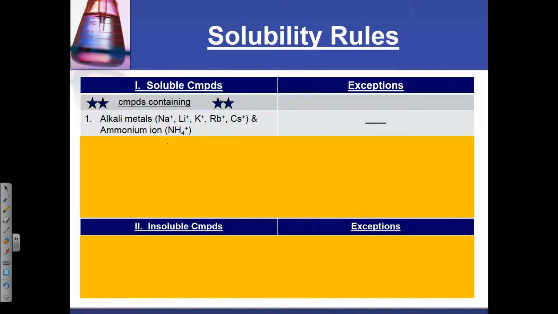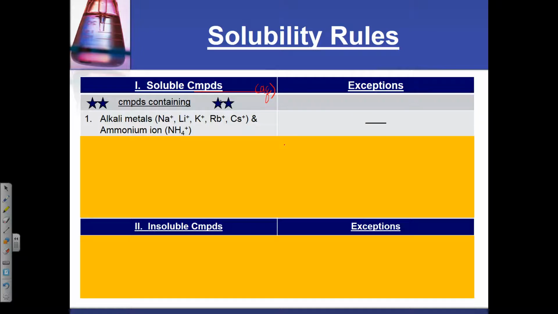So compounds that contain alkali metals, remember those are your group 1A metals: sodium ion, lithium ion, potassium ion, rubidium ion, or cesium ion. Those are your 1A metals. Or if it contains the ammonium ion, they're going to always be soluble, meaning they will not form a precipitate, and their formulas would have an AQ written as a subscript instead of an S. There are no exceptions to that rule.